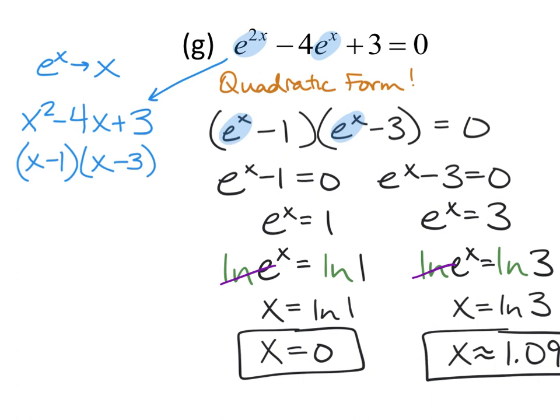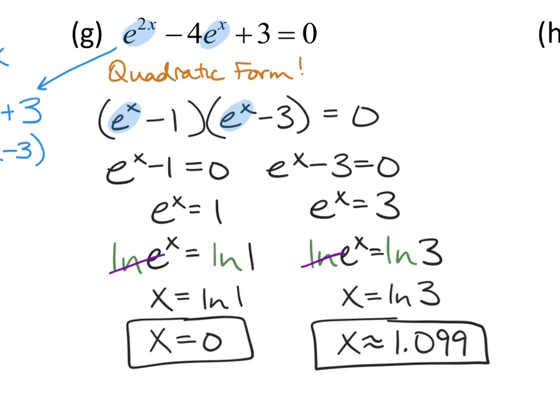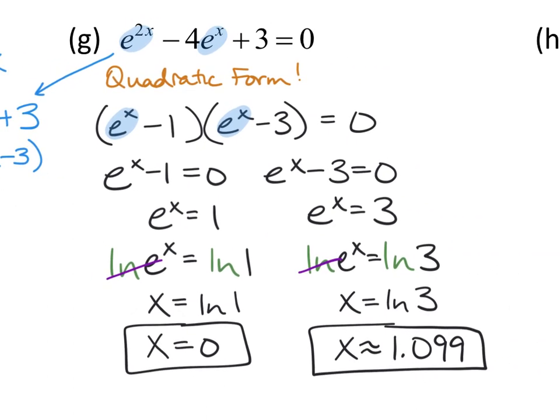Now, once we have it in quadratic form, we actually create 2 tiny little exponential equations that we need to solve. So if you follow along with me, once we have it here, we use the zero product property like we always do to set the factors equal to 0. And then I quickly solve for e to the x. I'm just going to do this side first, by the way. I added 1 to both sides and I got e to the x equals 1.